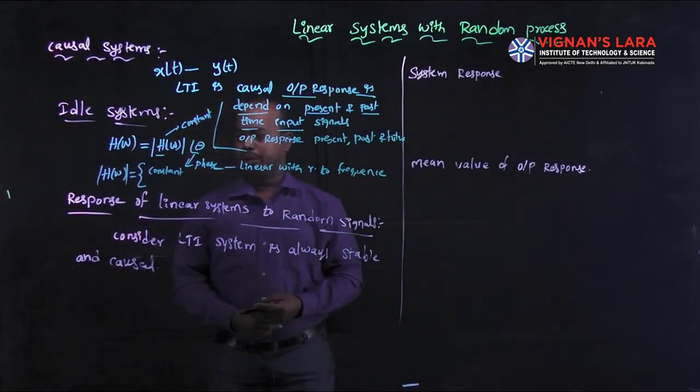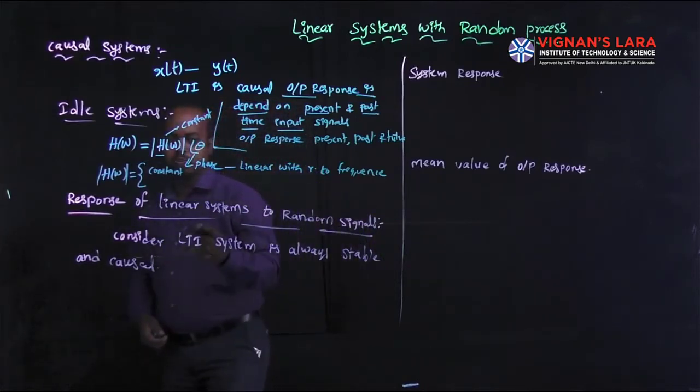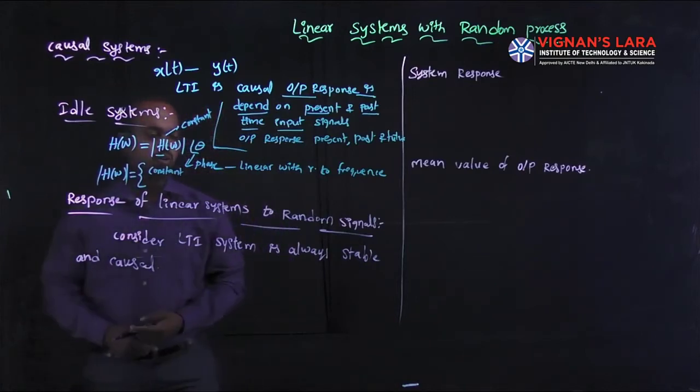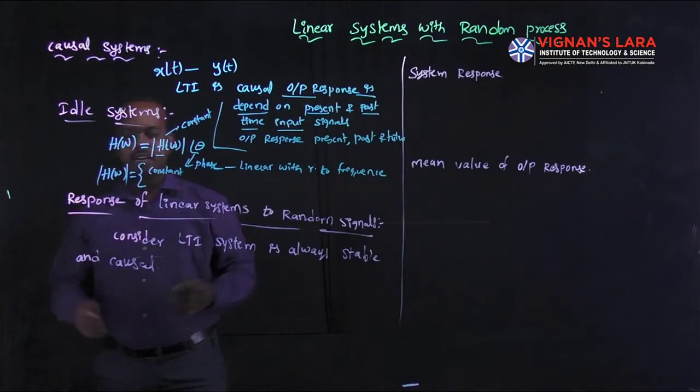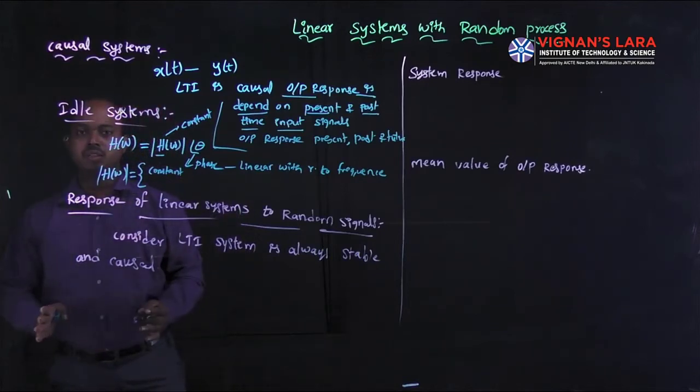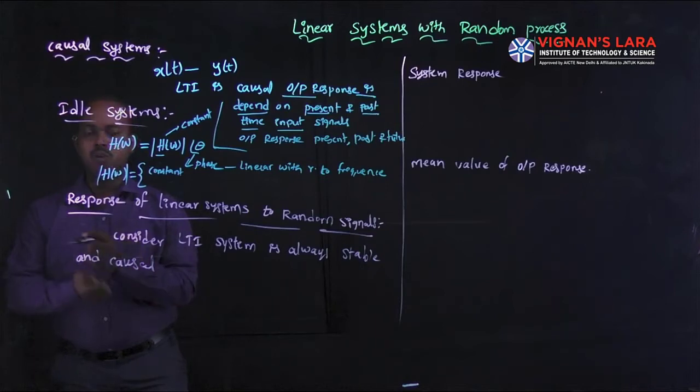Coming to the next topic, the response of linear systems to random signals. Up to now we have been discussing linear time invariant systems, LTI systems: how to find the system response using the impulse function, and how to find the output response using the convolution property.